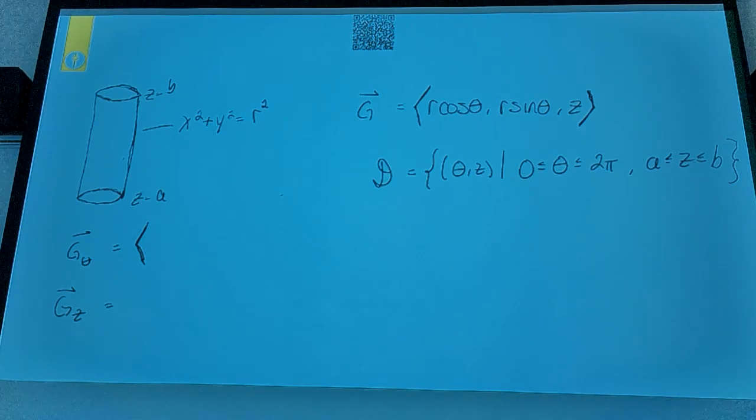Of g, all of g, r cosine, take its partial with respect to theta. Now with respect to z, what do you get? That's lovely.